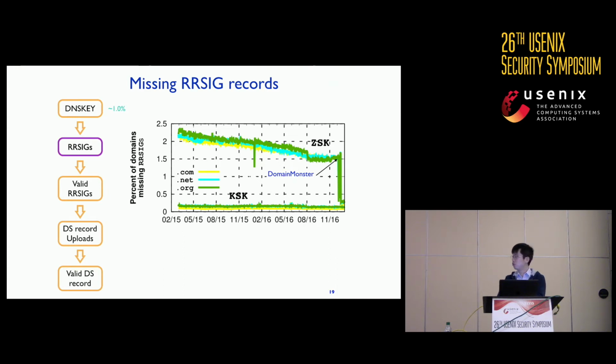This huge drop is due to Domain Monster, one of the hosting providers. They provide authoritative DNS servers for their users, but somehow they forgot to sign. So this shows that a single entity plays a huge role in DNSSEC, which we will see in detail in a few moments. So signatures are rarely missing today, with only 0.3% missing.